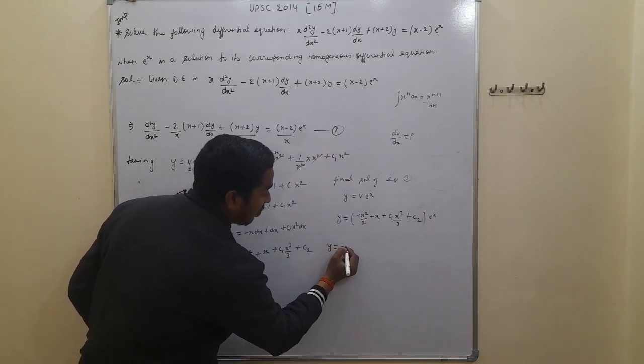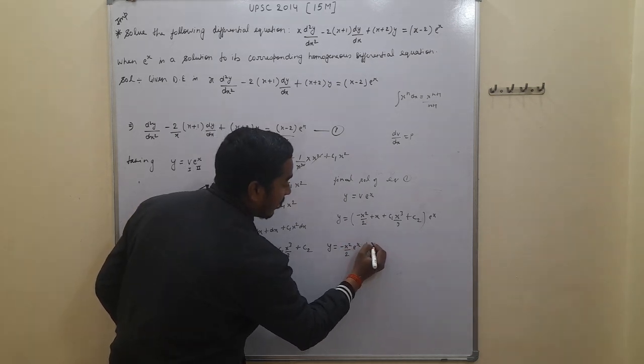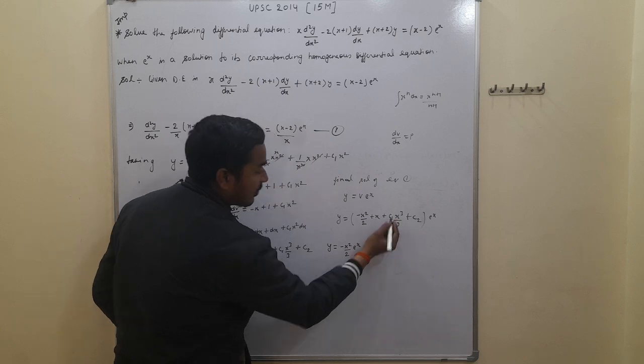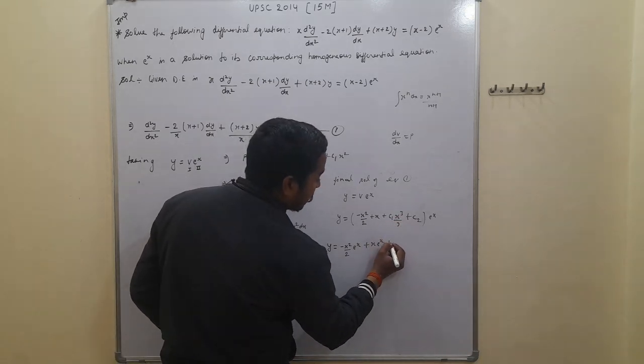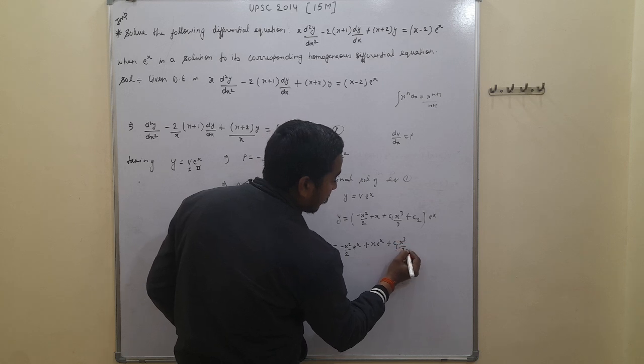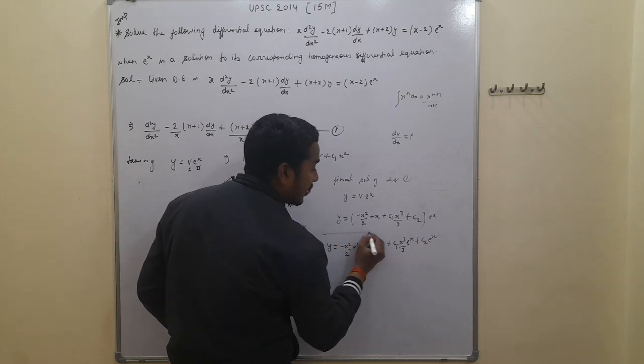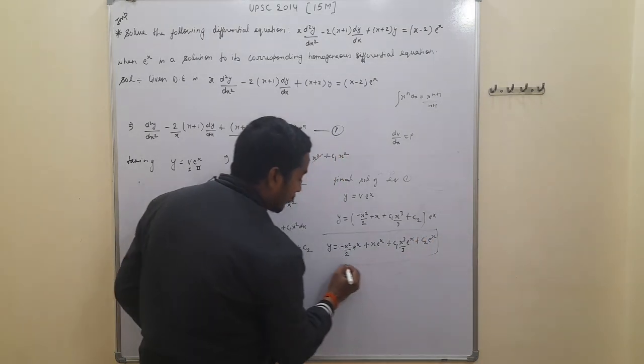This is given by minus x square upon 2 into e to power x plus x into e to power x, and here plus c1 into x cube upon 3 into e to power x plus c2 into e to power x. This is the required solution of the given problem.